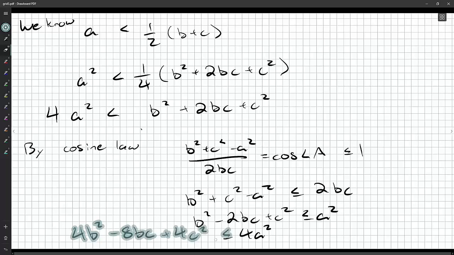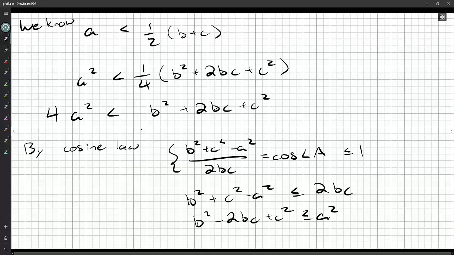Because then I just get something in terms of B's and C's, and remember the thing I was shooting for. I need to show that this expression is strictly greater than a half.